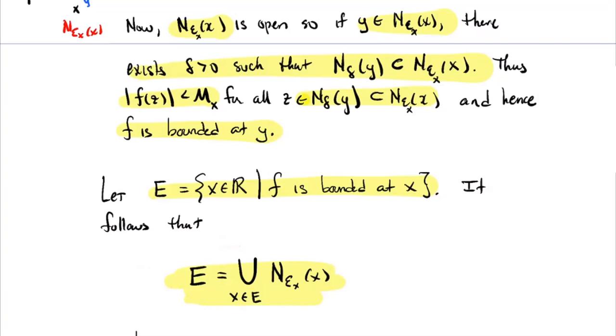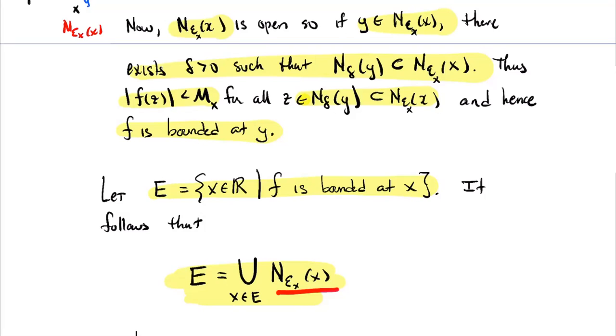No problem. My comment above is the other inclusion. If you pick something in this union, then it's in some epsilon neighborhood of x for some x in E, call it y, but we just said that f is therefore also bounded at y. So y is an element of this set E as well.